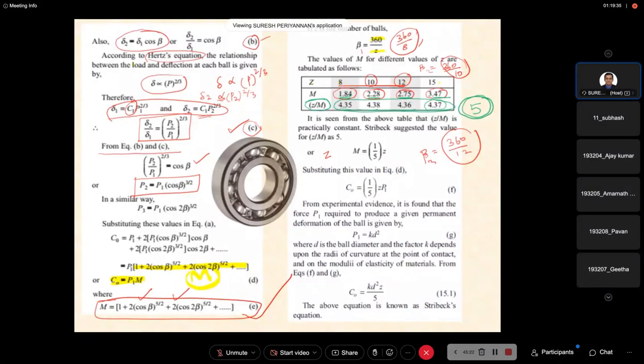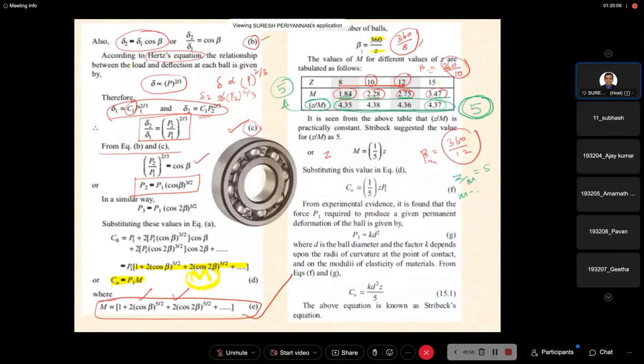Based on his concept he came to the final conclusion that we can assume this Z by m value to be 5, because all the values are almost the same: 4.36, 4.35, 4.37, 4.38. Hence finally he suggested that the ratio Z by m we can take as 5. Z by m is equal to 5.